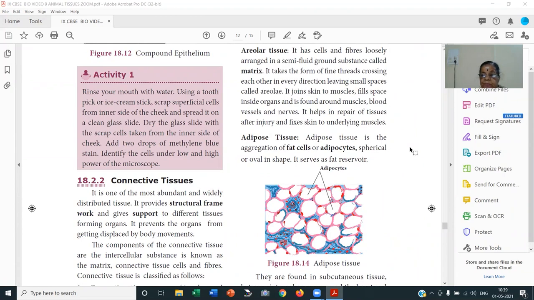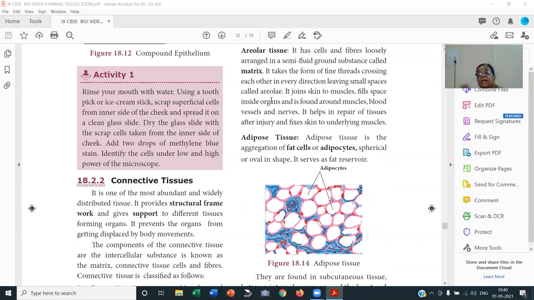Areolar tissue is a connective tissue proper. It has cells and fibers loosely arranged, namely yellow fiber and white fiber. They are in a semi-fluid substance called matrix. It takes the form of fine threads crossing each other in every direction, leaving small spaces called areolae.